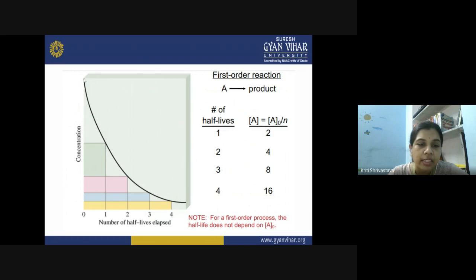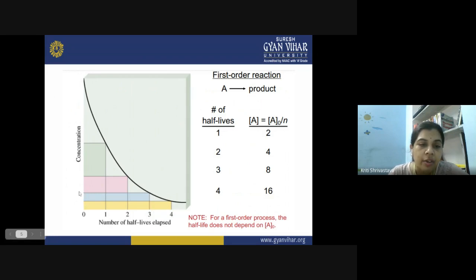This is the initial concentration, and this is the halfway of this concentration. So when you find out the time required to get that concentration, this is the first half life. Now from this point, what is the midpoint here? This is the second midpoint. So now this is the second half life. Now this becomes the initial concentration, so this is the midpoint, and again you get the third half life.